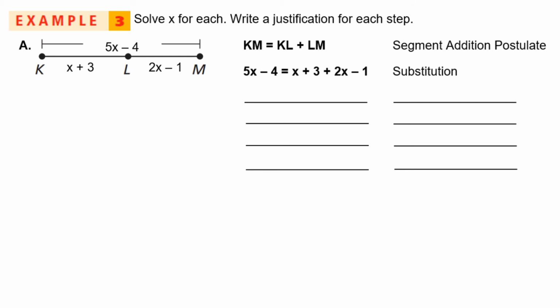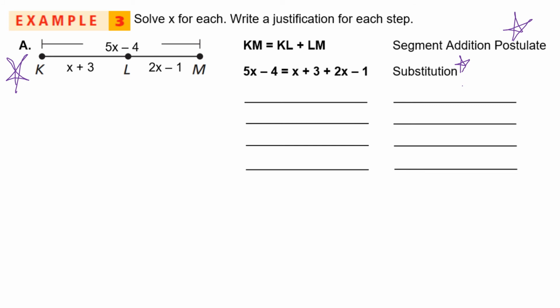I want you to put a star on your paper right next to this picture, because anytime you see a picture like this today, that first justification is going to be segment addition postulate every time. Just like the second justification is going to be substitution today.